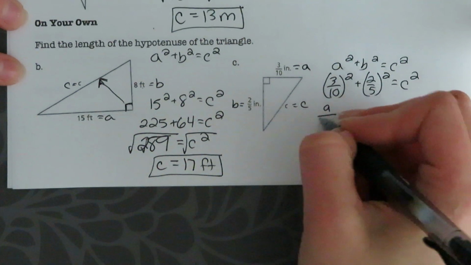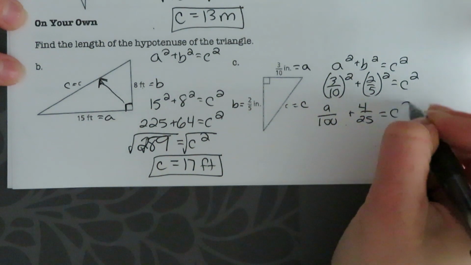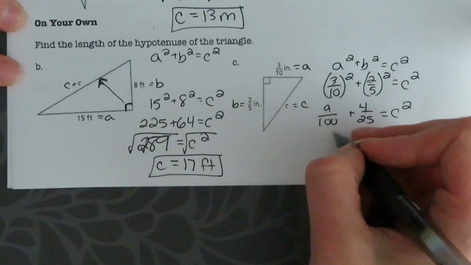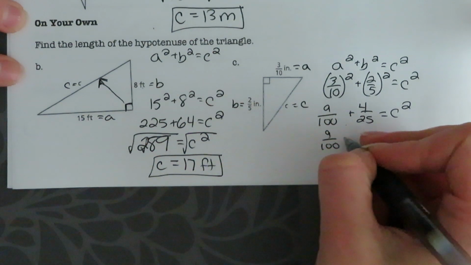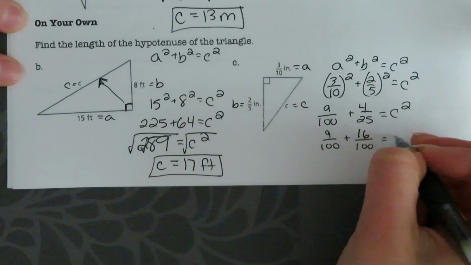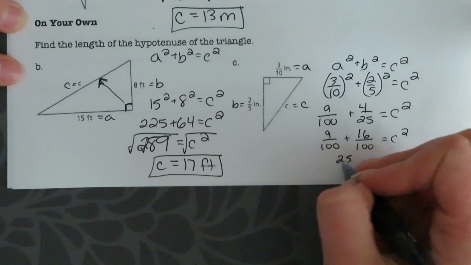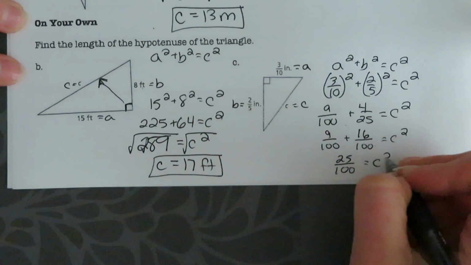So this is going to be 9/100ths plus 4/25ths equals C squared. Well, I'm going to have them both have the same denominator. So 9/100ths plus 16/100ths equals C squared. So that leaves me with 25/100ths equals C squared.